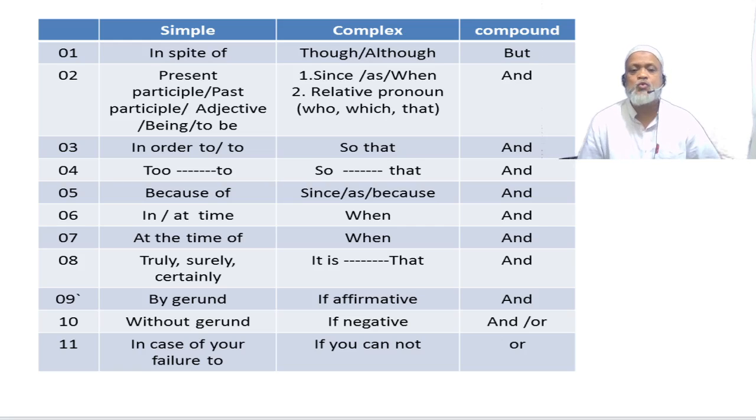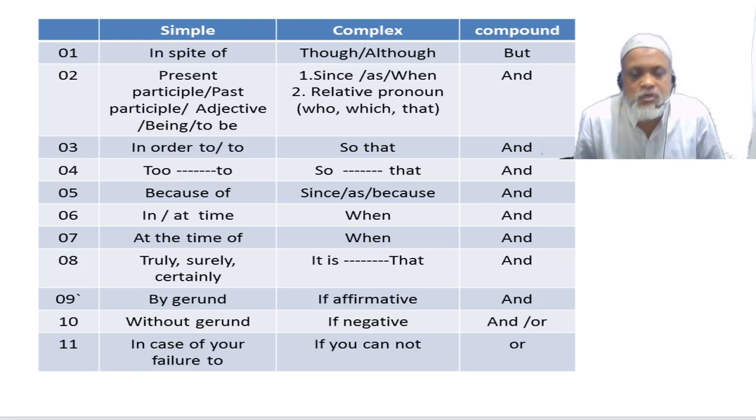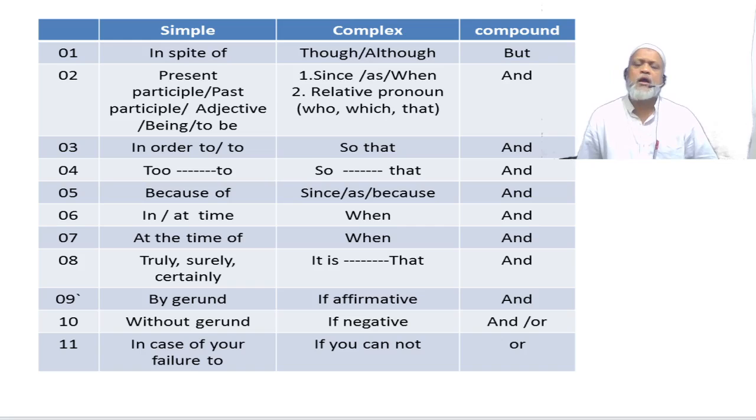If you find "too" with an adjective in a simple sentence, you may change it into complex by using "so adjective that", and compound by using "and". In fifth, "because of", and in complex, "since", "as", "because", and in compound, "and".